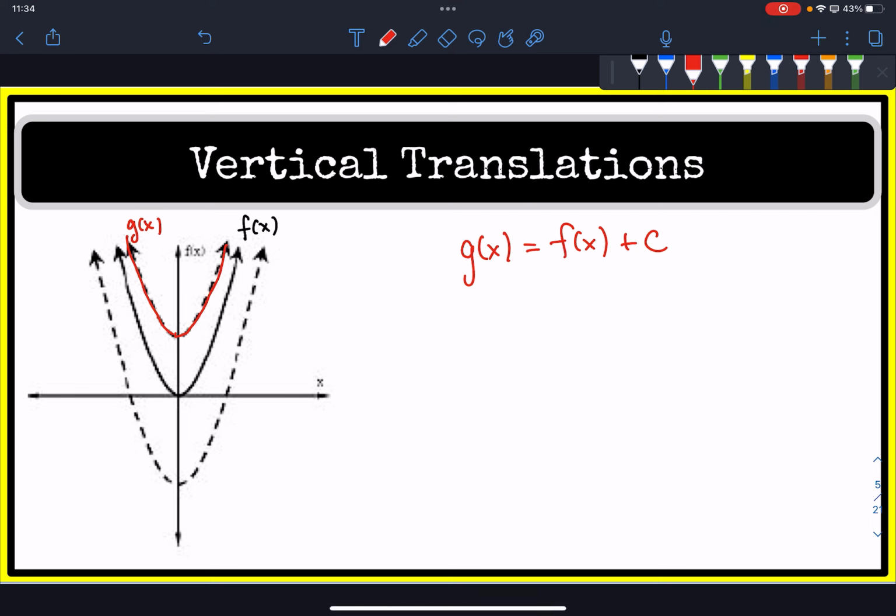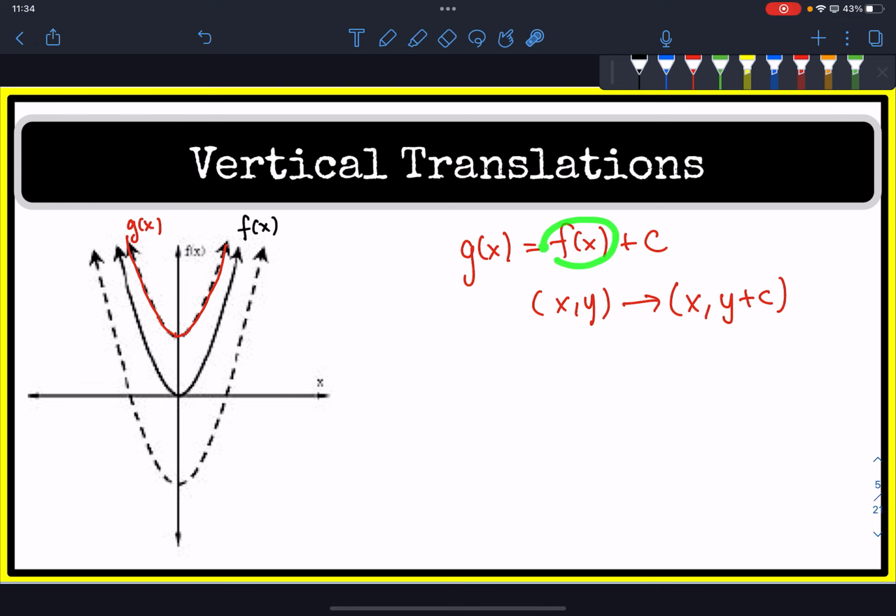So to the entire parent function, we can shift it upwards by adding this quantity c to the entire function itself. What's resulting is that we are getting the x and y coordinates of our function and changing them by adding simply this value of c to all of the y values.